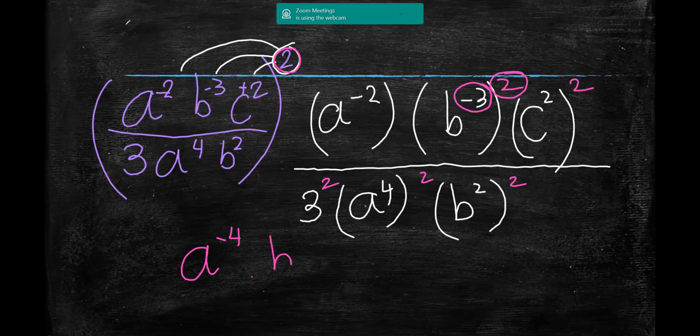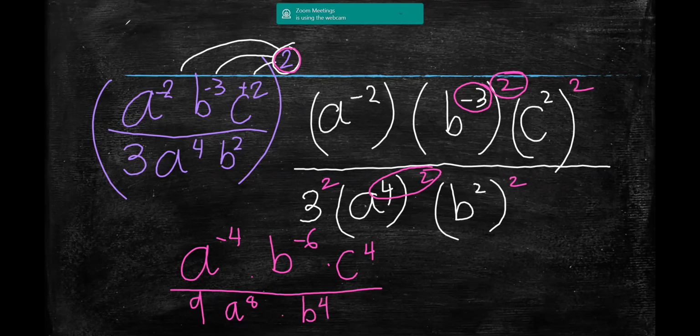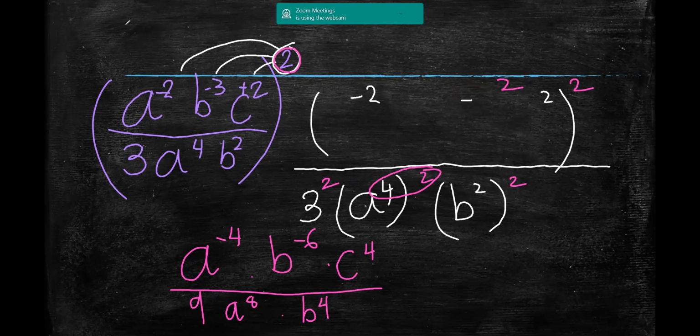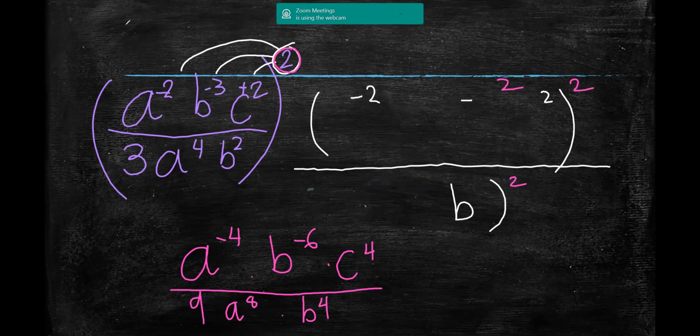So b raised to the power negative 6. Then c squared squared, so c raised to the power 4, over 3 squared, 9. A raised to the power 4 squared means I multiply 4 times 2, which is a to the power 8, and b raised to the power 4. But I didn't finish; I have to simplify. A to the power negative 4 will be 1 over a to the power 4.